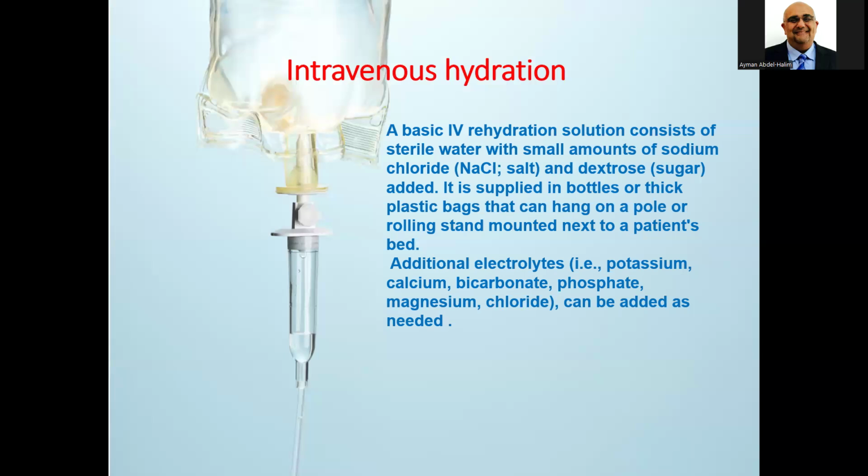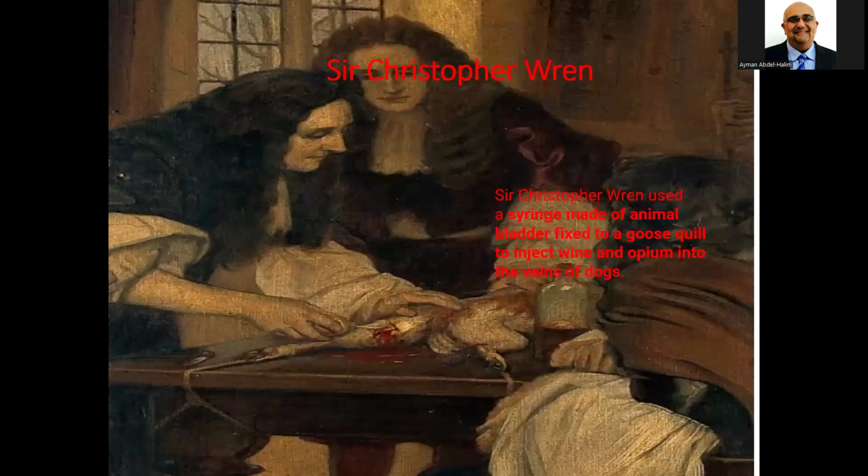Okay, intravenous hydration, the gold standard. Basically, all of you are aware of how to use intravenous hydration. Using the IV for fluid injections and medication injections was actually done by this gentleman here, Sir Christopher Wren.